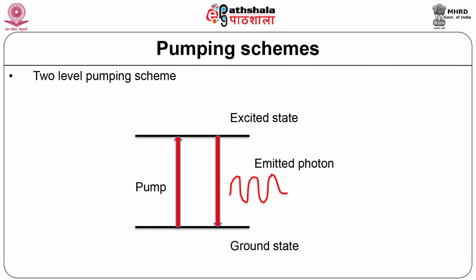The pump will be required to pump atoms from ground to excited level. Secondly, the same pump which is used to excite the atoms can also cause de-excitation of atoms to the ground level. Due to this, suitable pumping schemes to generate laser light are 3 and 4 level pumping schemes.